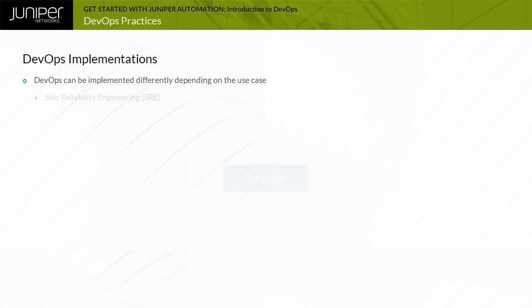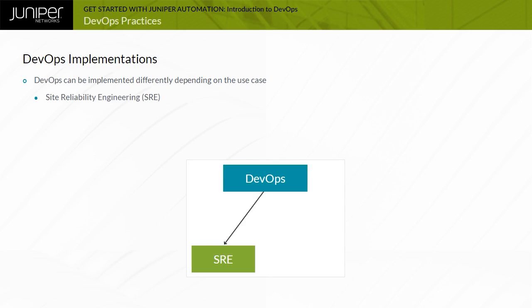implemented differently. Google's Site Reliability Engineering, or SRE, started as a software engineer's way to manage repetitive tasks and is now an extended set of principles, practices, and incentives, which helps to manage large and complicated services at scale. One can view SRE as a specific implementation of DevOps with some extensions.